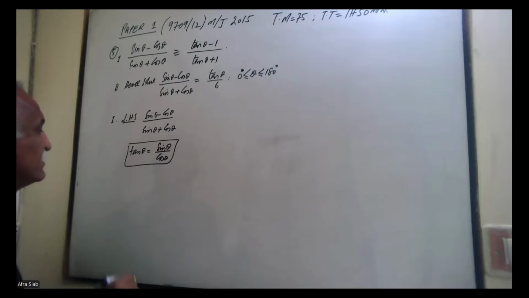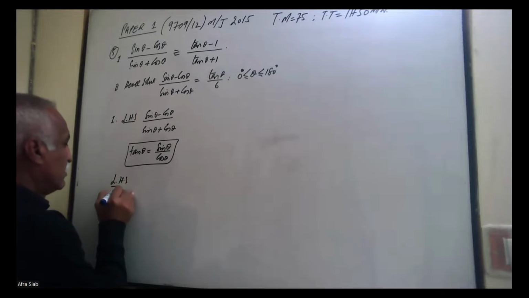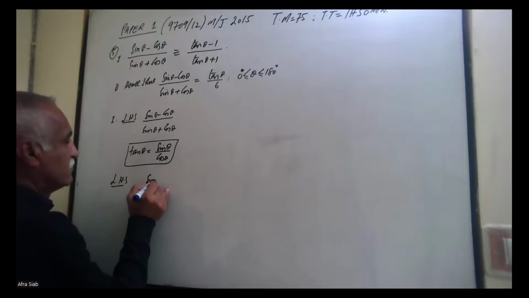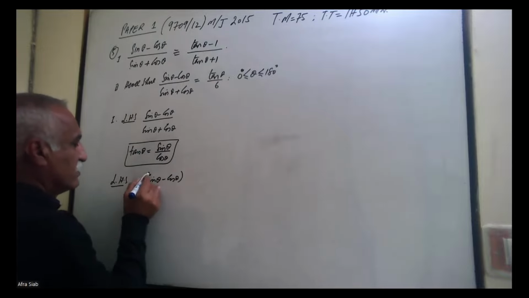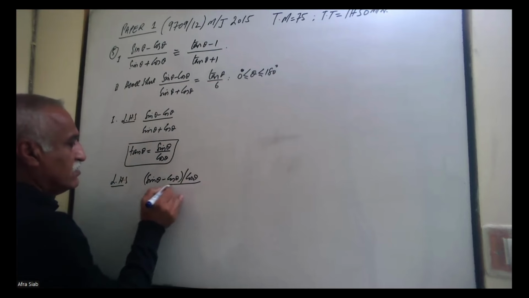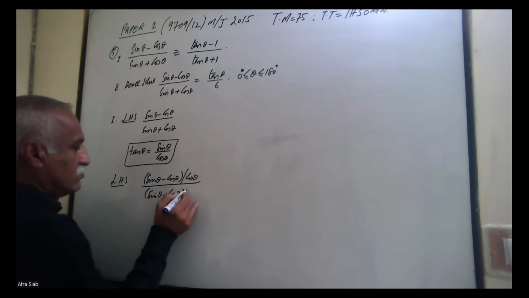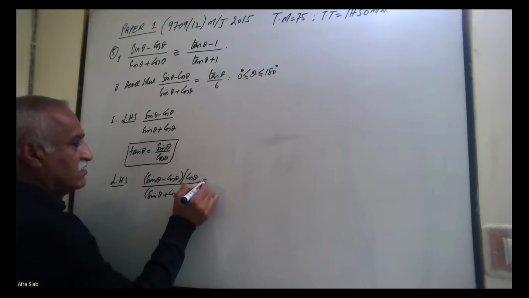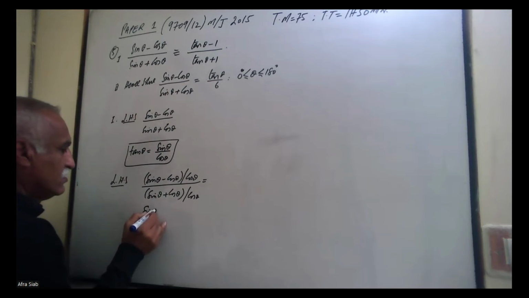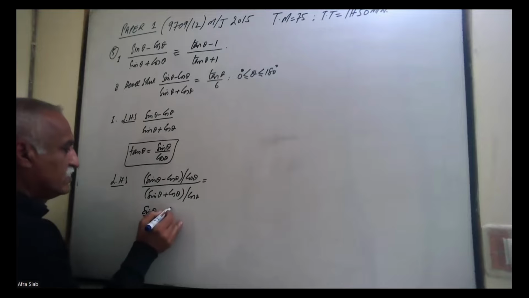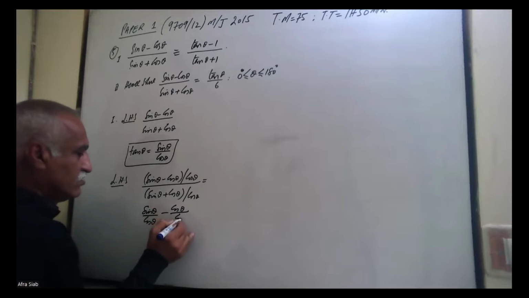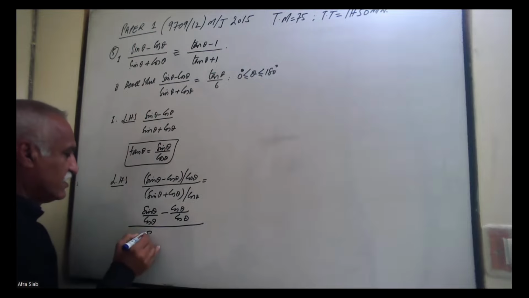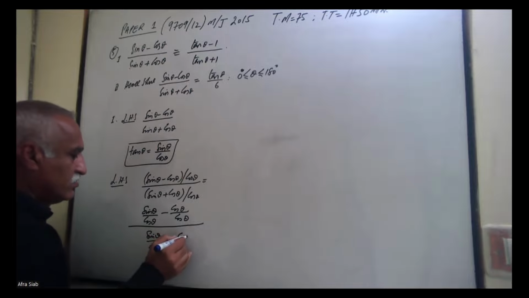So for the left hand side, if we divide by cos theta, then you get (sine theta over cos theta minus cos theta over cos theta) whole divided by (sine theta over cos theta plus cos theta over cos theta).